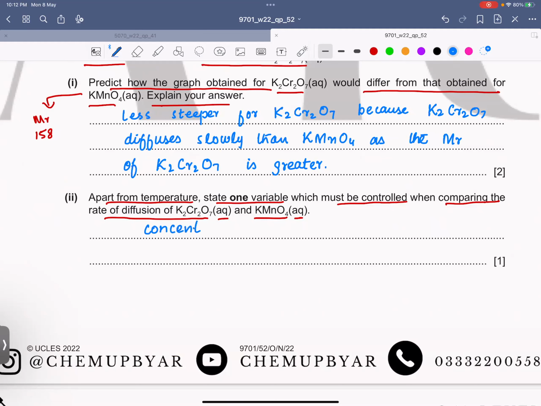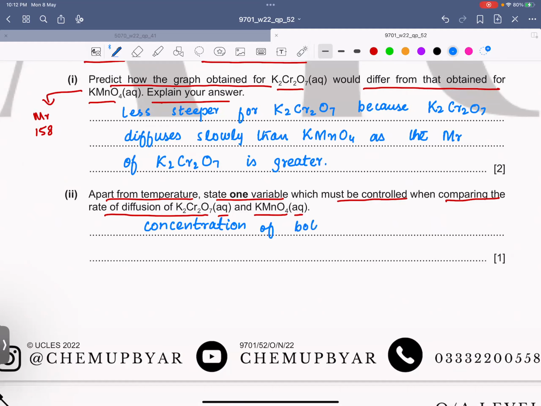If we have to compare the results, then both solutions having the same concentration must be used. Concentration of both K2Cr2O7 and KMnO4. Is this clear? Yes.